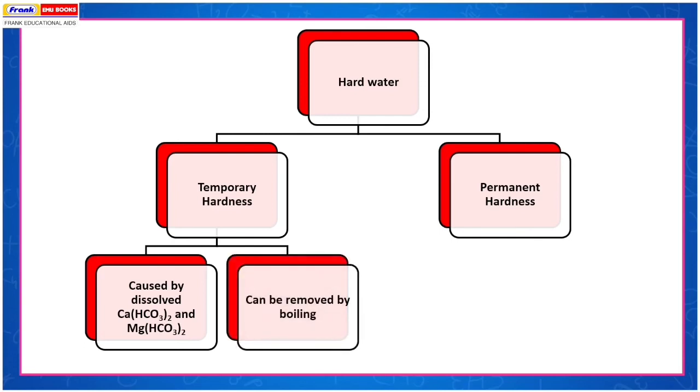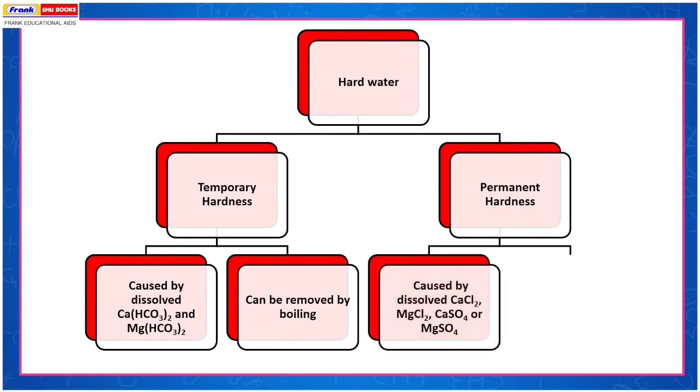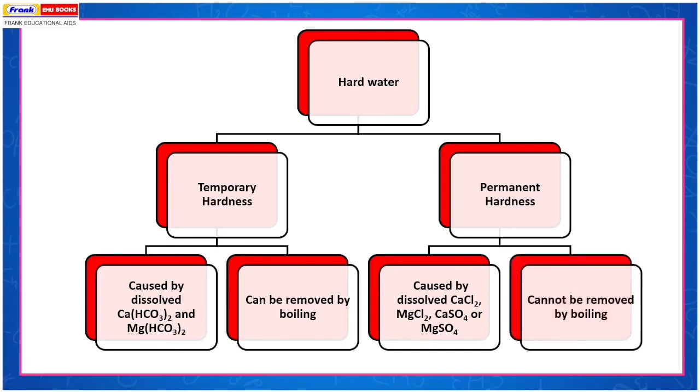Temporary hardness can be removed by boiling. Permanent hardness is caused by dissolved calcium chloride CaCl2, magnesium chloride MgCl2, calcium sulfate CaSO4 or magnesium sulfate MgSO4. Permanent hardness cannot be removed by boiling.